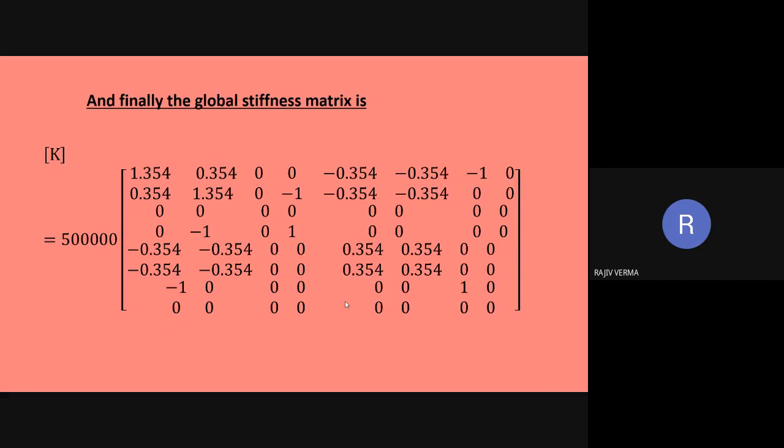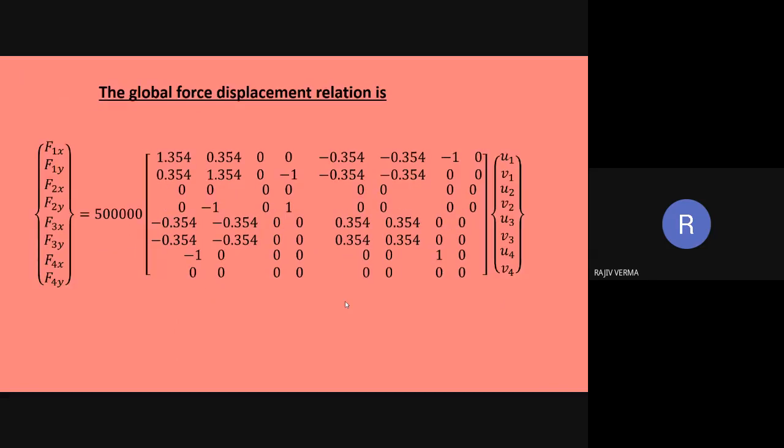And since this is a relationship between global degrees of freedom and global forces, we have the corresponding degrees of freedom written in matrix form.